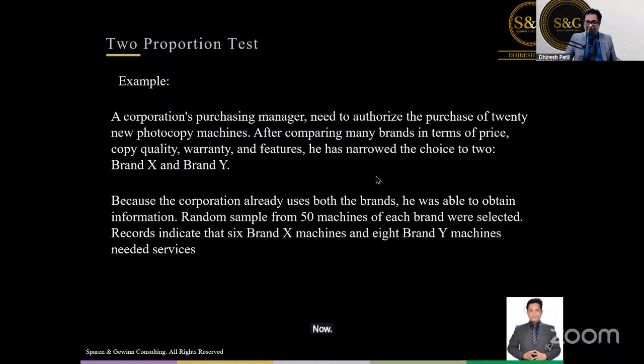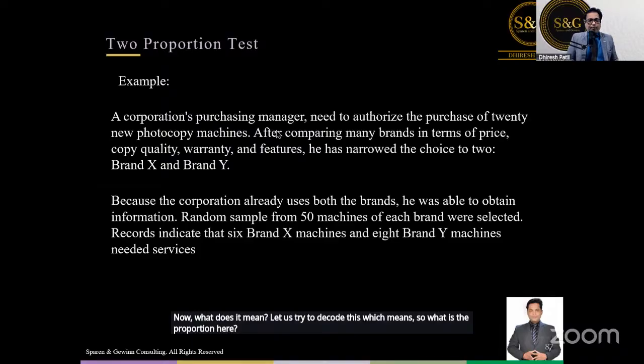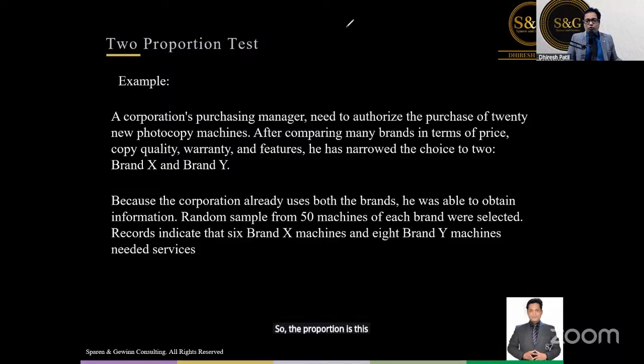Now what does it mean? Let's try to decode this. What is the proportion here? They want to compare machine X and machine Y. They have 50 machines of each.